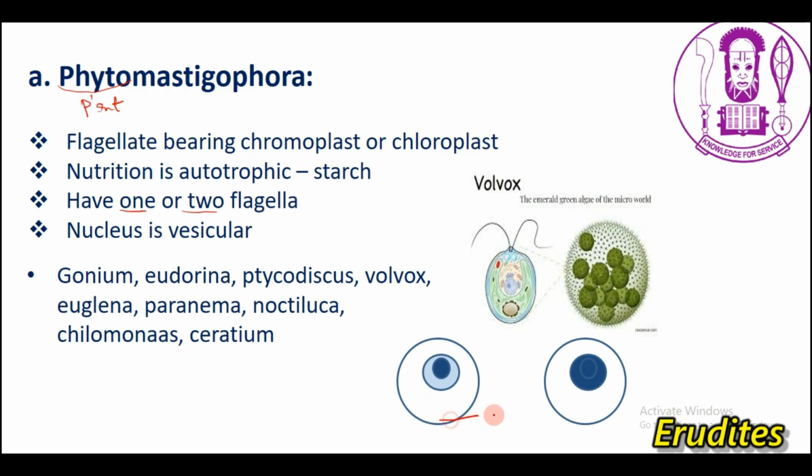In this cell, we have the cytoplasm, and within the cytoplasm, we have the nucleus. Inside the nucleus is the nucleoplasm, and within this nucleoplasm there is a dark rounded structure called the nucleolus.